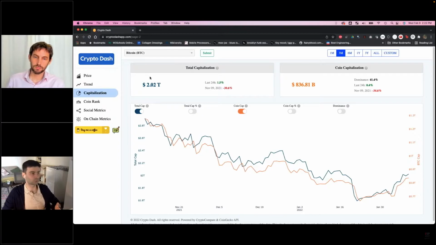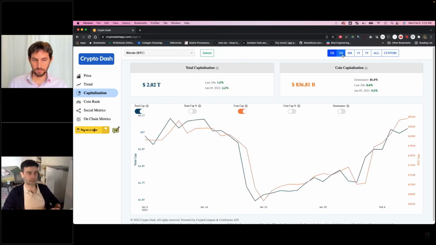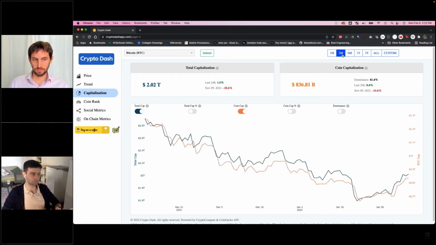So for that reason, we have the total capitalization and the selected coins capitalization on the right-hand side. And we can quickly compare them for different time periods. We quickly see here for the last 3 months, the market's being down 30%, but Bitcoin is performing a little worse, 34%. And we can quickly see it for different time periods.